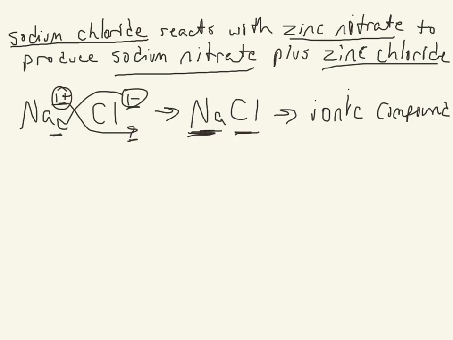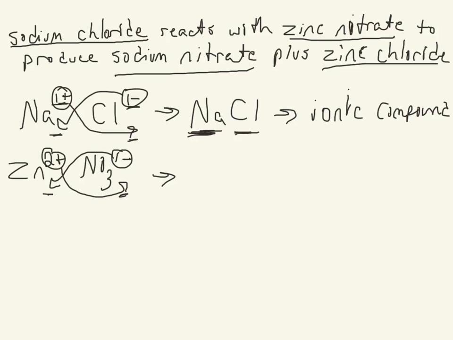However, the next one we have is zinc nitrate. We know that zinc has a 2 plus charge, and we know that nitrate is a polyatomic ion. The formula for nitrate, which is given to you in your data booklets, is NO3 1 minus. Again, cross drop the charges, and we get Zn.